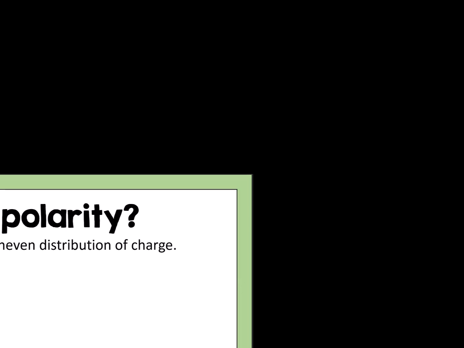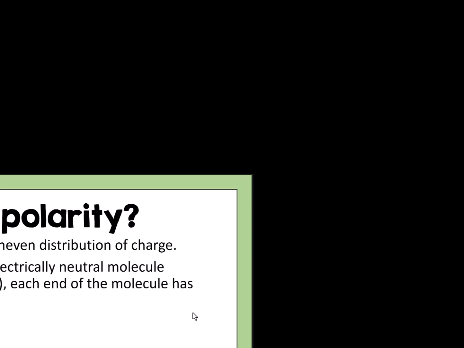So a negative pole on a water molecule and a positive pole on this water molecule, making it a polar molecule. Even though water is an electrically neutral molecule, it is not a charged ion. We talked about charge. If electrons and protons don't match up, then an atom might have a charge. This is not true in water. It's electrically neutral.